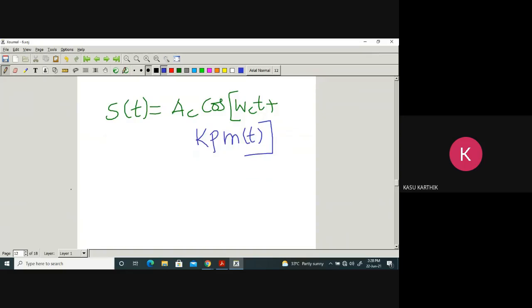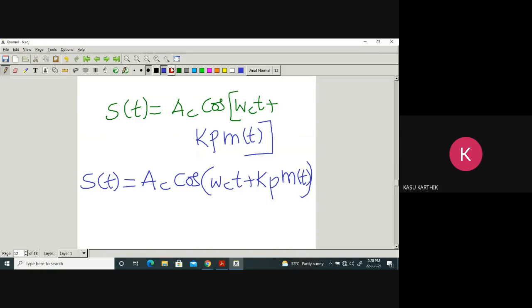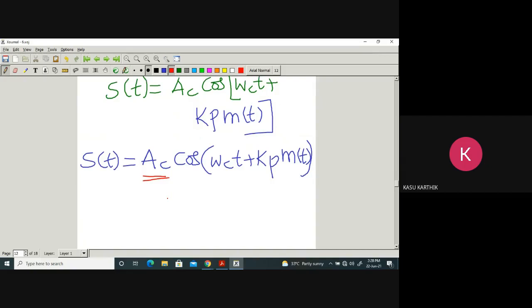Let me write it clearly: s of t equals A_c cos of omega_c t plus k_p m of t. Now, what is the amplitude of the signal? A_c. It is a constant. Now, is it linear or non-linear?